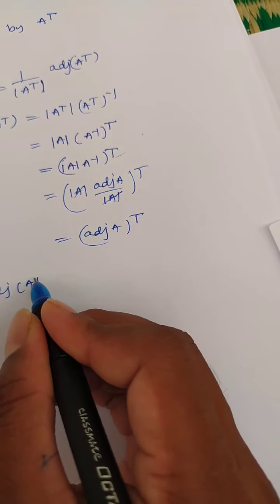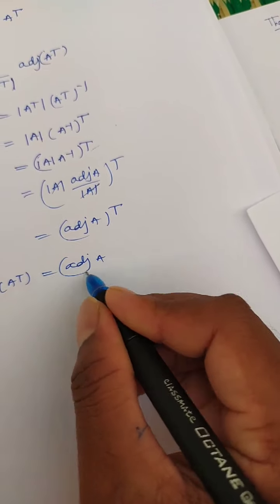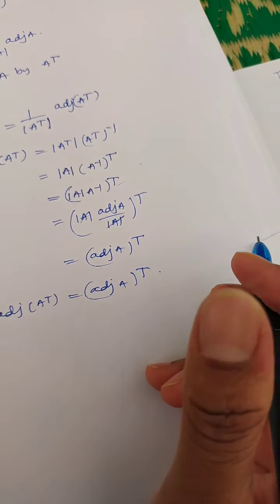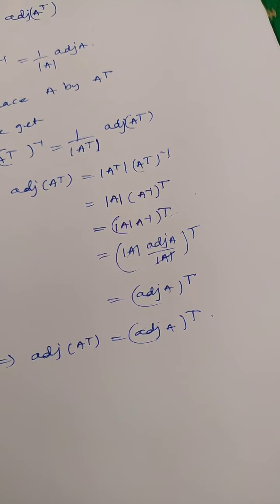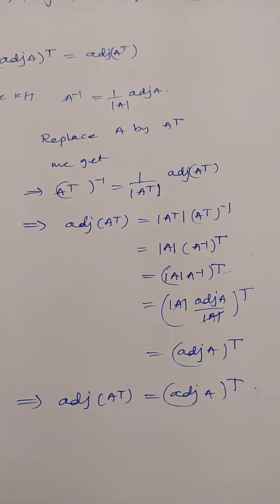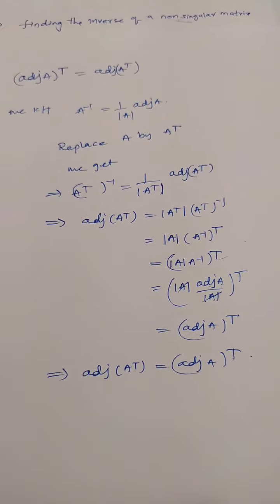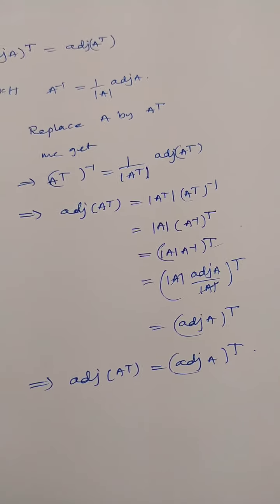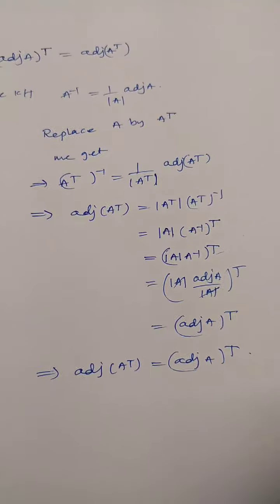Adjoint of A transpose is equal to adjoint A whole transpose, right? Now this is the sixth proof. These six proofs are very very important, so keep them in mind, right? In the next class I will teach some problems in the exercise. Okay.